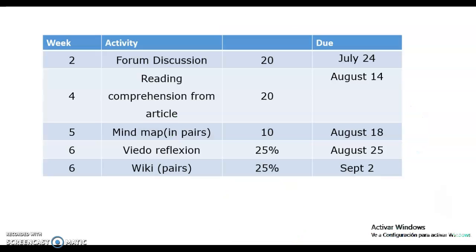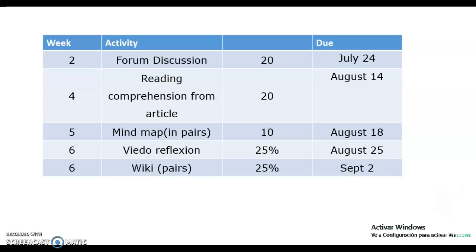The evaluation system will look like this. This is subject to changes. If there is something that is not working, we will just get rid of that activity. But let us do our best.